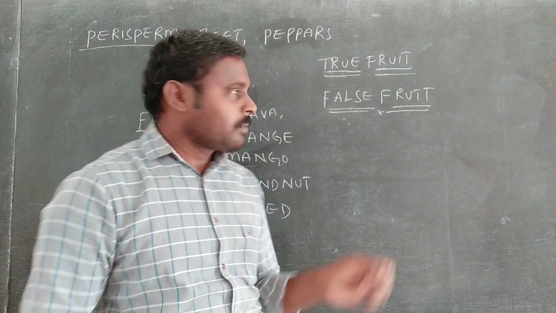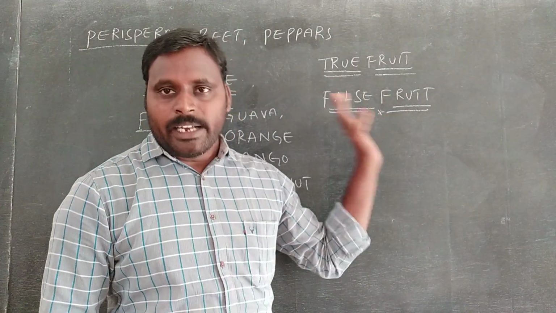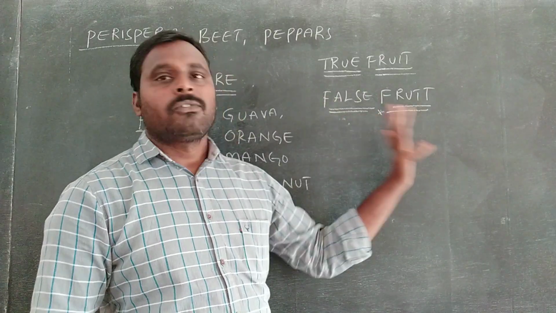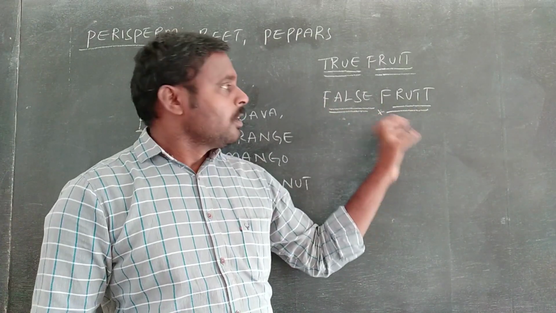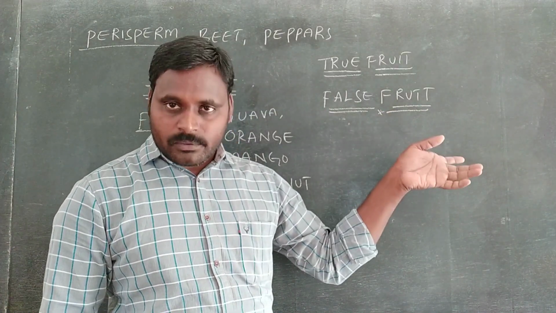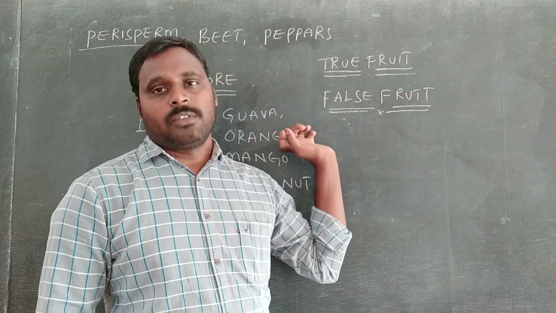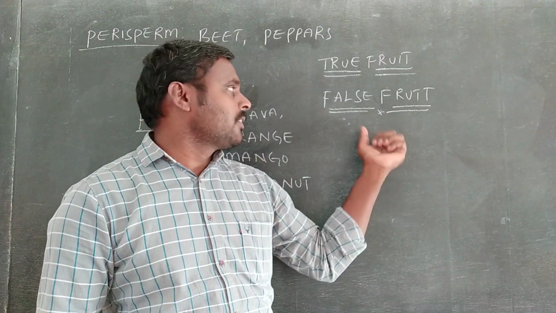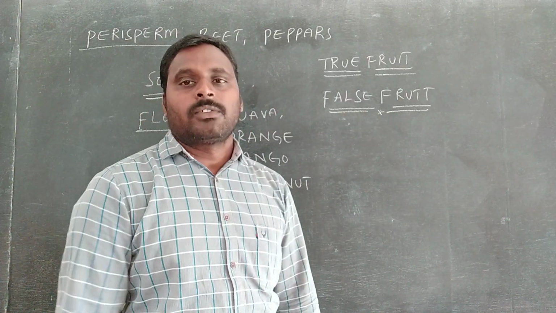I hope you are clear now. In some plants the fruits develop from parts other than the ovary, that is, from other floral parts of the flower, hence they are called false fruits.